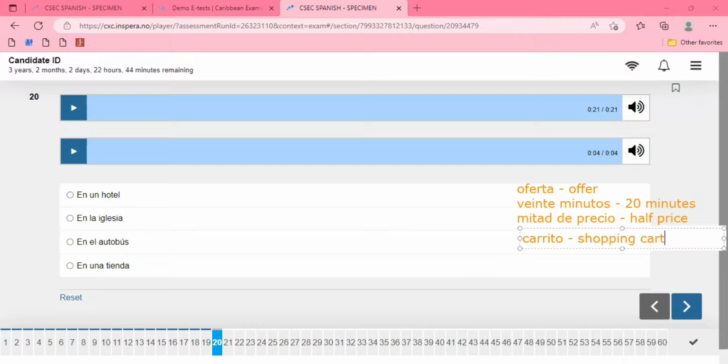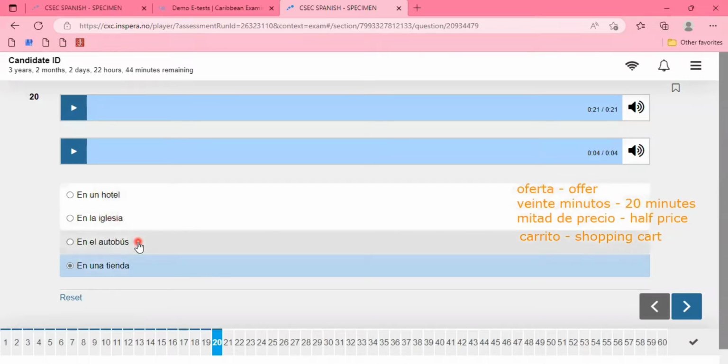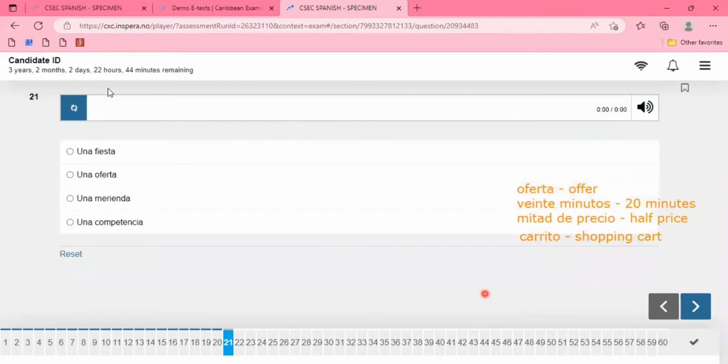Now, if you hear all of this, the persons who the announcement would be directed to are most likely to be in a store. Other options would have been hotel, church, autobus, bus.